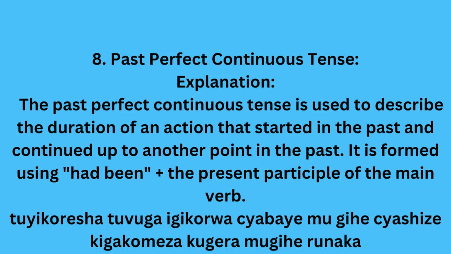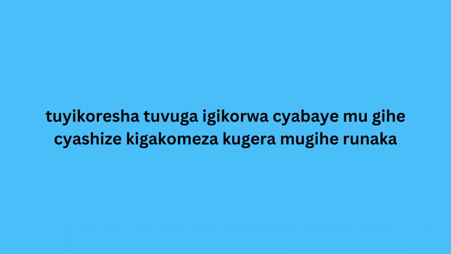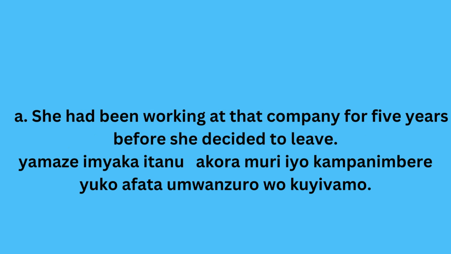Biravuze ngo tugikoresha igihe dushaka kuvuga igikorwa runaka cyatangiriye kigakomeza kikageza ku kindi gihe runaka mu gihe cyashize. Urugero, she had been working at the company for 5 years before she decided to leave. Yamaze imyaka 5 akora muri iyo company mbere yuko afata umwanzuro wo kuyivamo.